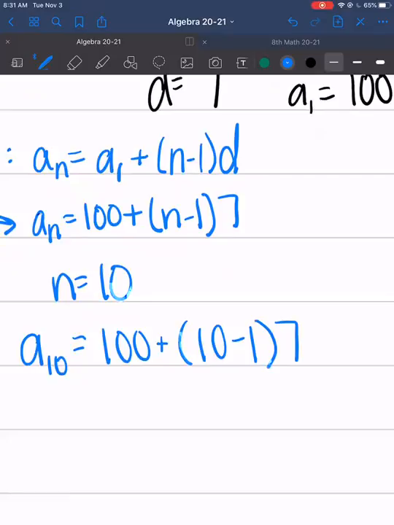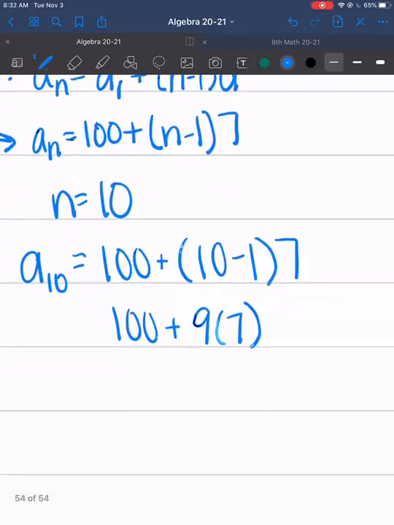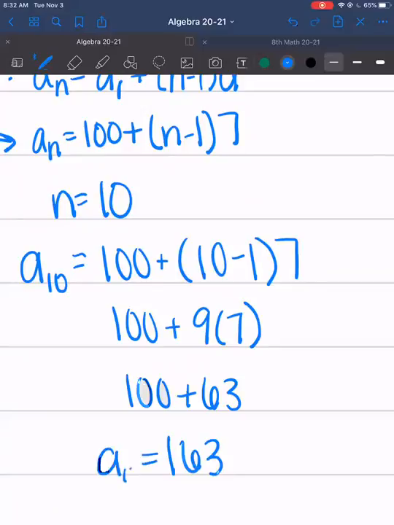All right, in the parentheses, because we're going to do our PEMDAS, our order of operations. What's 10 minus 1? 9. What is 9 times 7? So 163 is our A sub 10, or our 10th term.